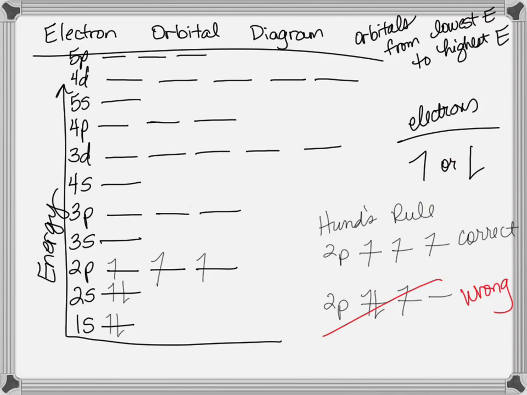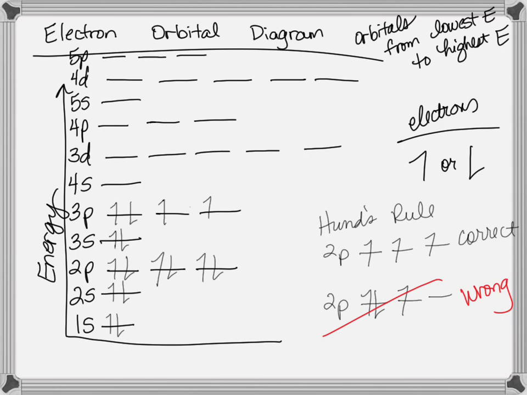Can I write the electron configuration, or do you want me to show it to you here first? Show it first? Okay. Sulfur, we have to show 16 electrons. So what have we got here? 1, 2, 3, 4, 5, 6, 7, 8, 9, 10, 11, 12, 13, 14, 15, 16.